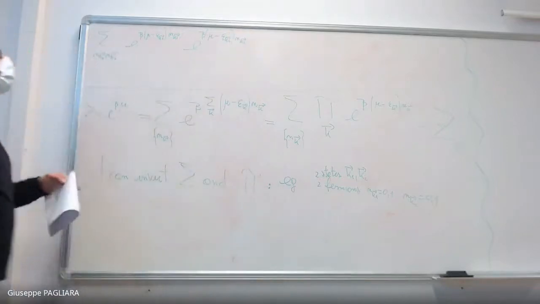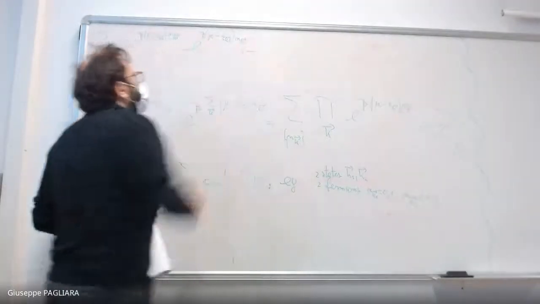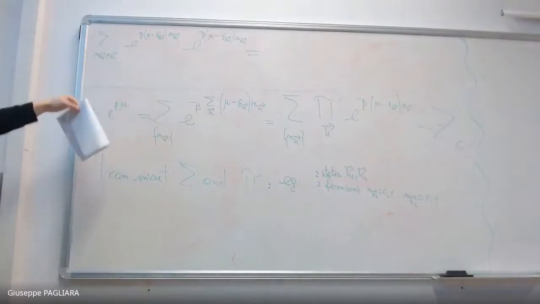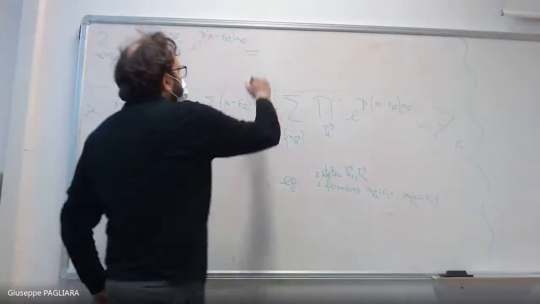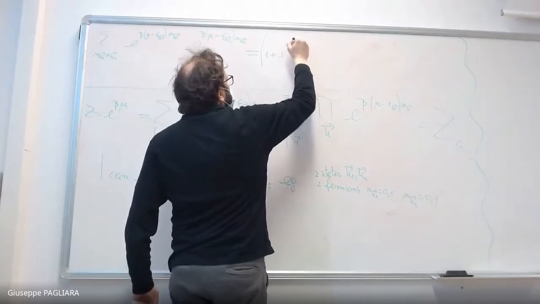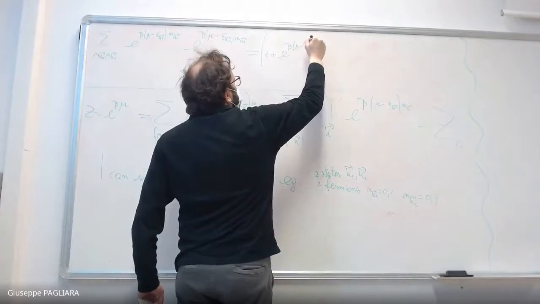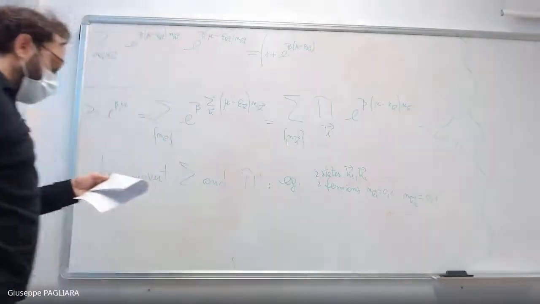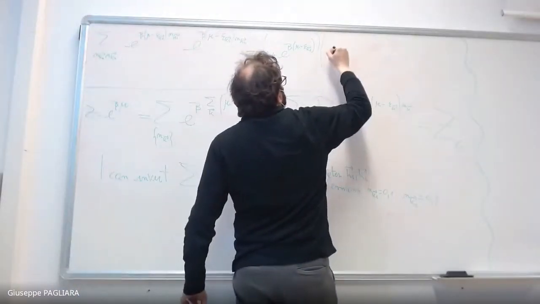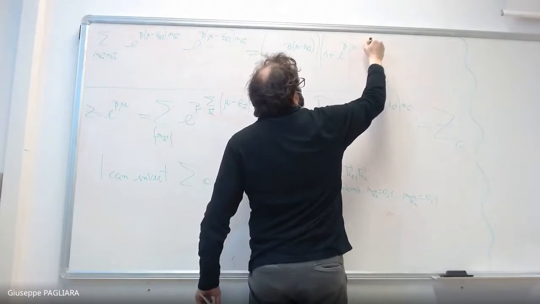Okay, now the sums are decoupled, therefore one can run over nk1 and nk2 separately, and we get these terms here. So 1 plus e to beta mu minus epsilon k1, times 1 plus e to beta mu minus epsilon k2.